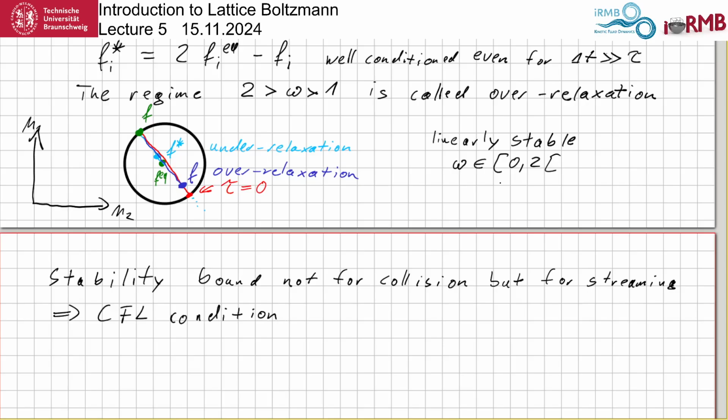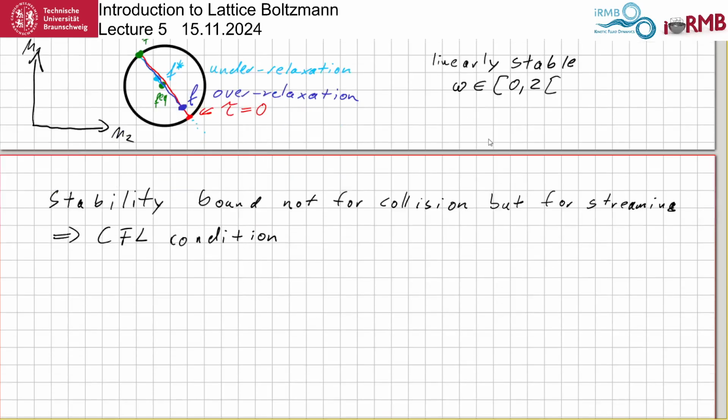So this is a thing that is related to information propagation in an explicit method, and the streaming operation is, of course, an explicit method. Yeah, so information cannot travel faster than a population travels in the streaming step from one lattice node to another lattice node. Yeah, and this basically can be written like this.